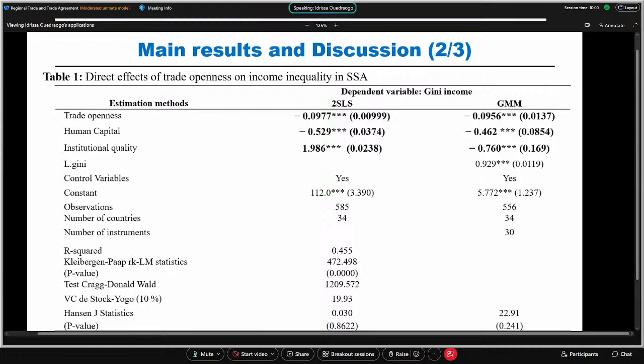Regarding institutional quality, trade openness leads to an increase in institutional quality by integrating, for example, countries into international markets. Countries have an incentive to strengthen their institutions to attract FDI and to improve the trust of the trading partners, which can ultimately promote transparency, respect for property rights, and also political stability.